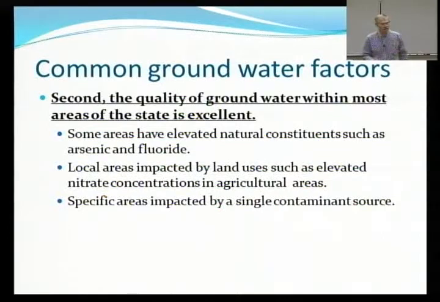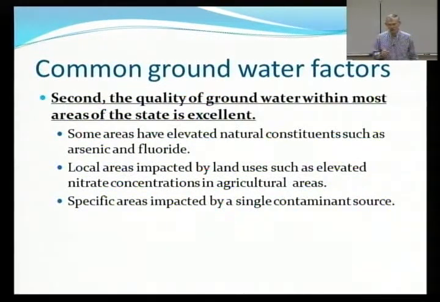A second common groundwater factor, the quality of groundwater within most of the areas of the state is excellent, and we're really blessed by that. Now, there are some areas that have natural constituents that are elevated and cause problems, and the dominant ones here are arsenic and to some extent fluoride. These are not caused by man-made contamination, but they're natural constituents.